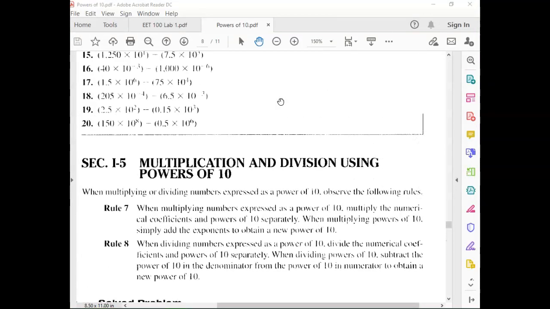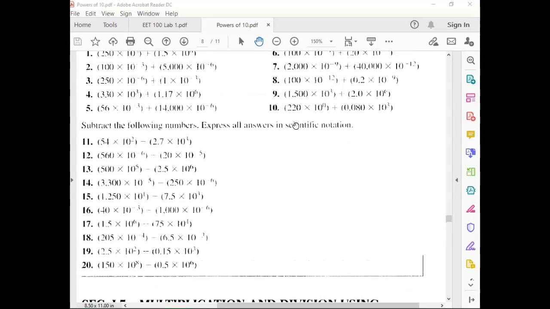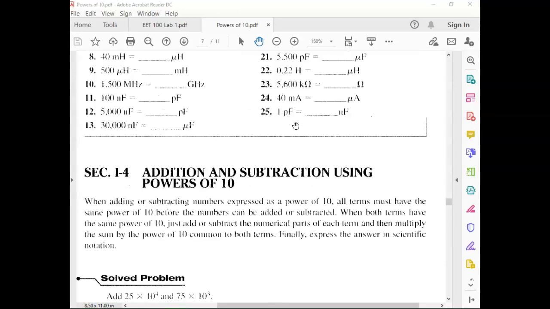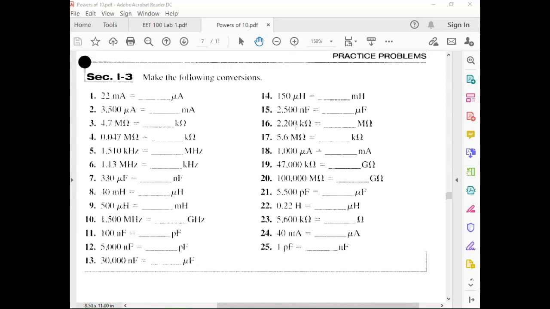Is everybody feeling pretty good about working with powers and roots? Yes. Okay. Is there anything y'all want to work on with ratios, proportions, fractions, decimals? Because if not, we're going to take about a 10-minute break, and then we'll come back and work a few of these, just so y'all can get used to moving that decimal visually.